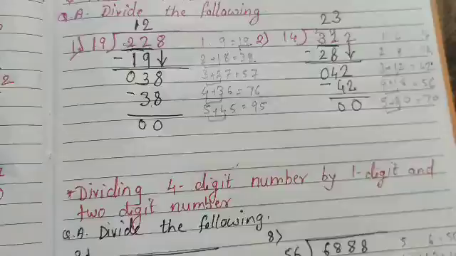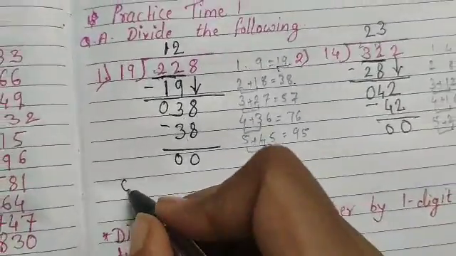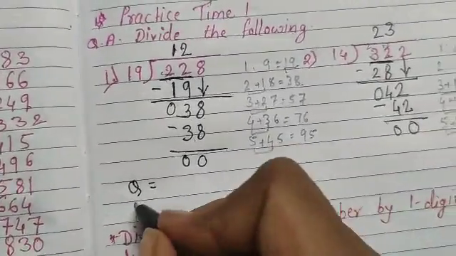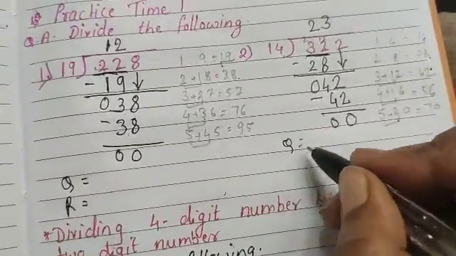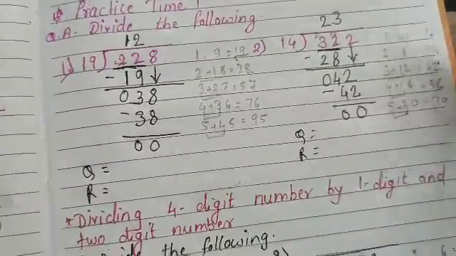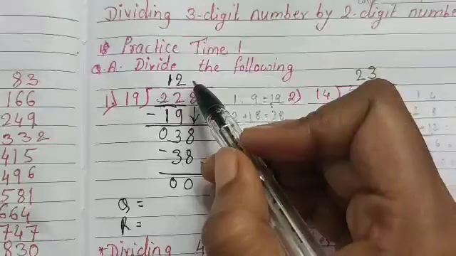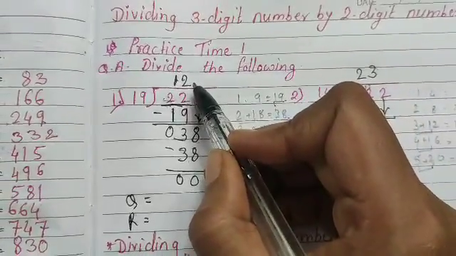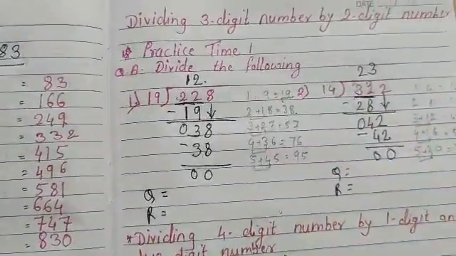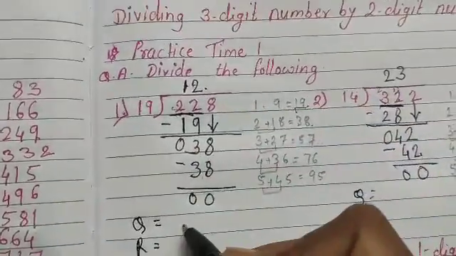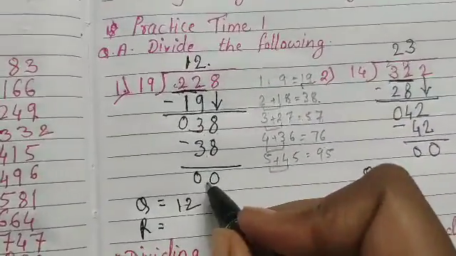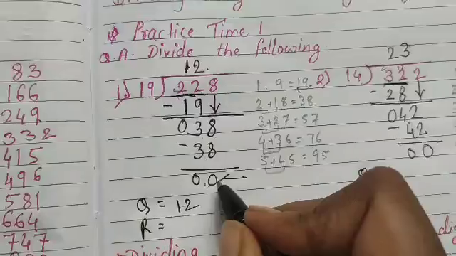So that is why student we can write down the quotient and remainder. The quotient is the upper number and this is actually your answer. The remainder is the leftover number.